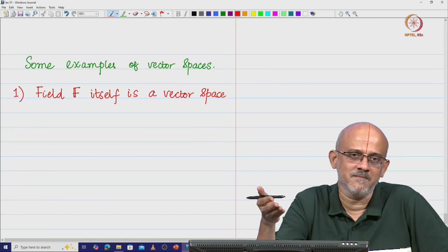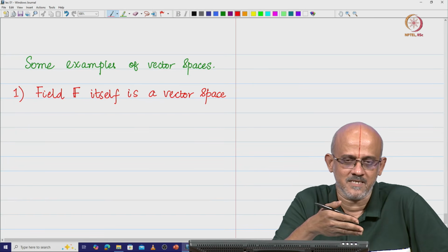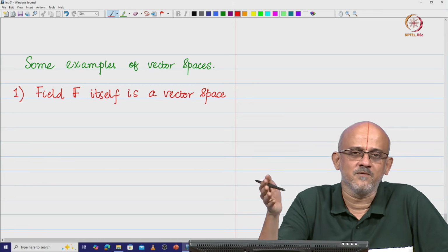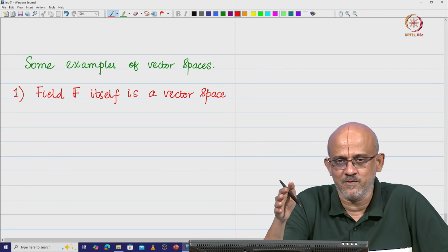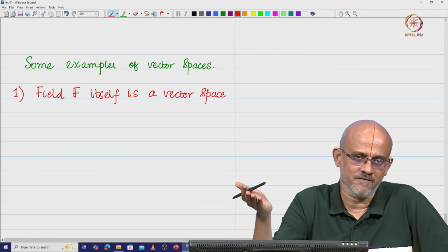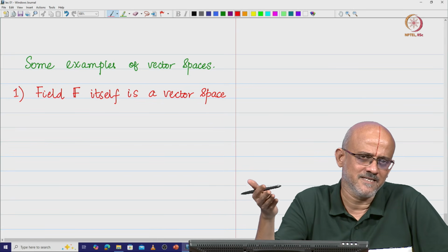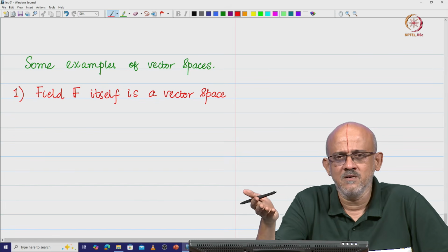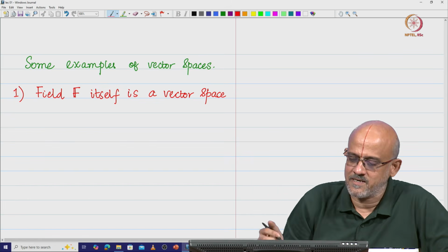When you looked at scalar multiplication, you had one element from the field, that is the scalar, and each vector component is also from the field. Therefore you are doing field multiplication, which means it is closed under multiplication, and you also had the additive identity element, the 0, in the field. Therefore the field itself is a vector space.